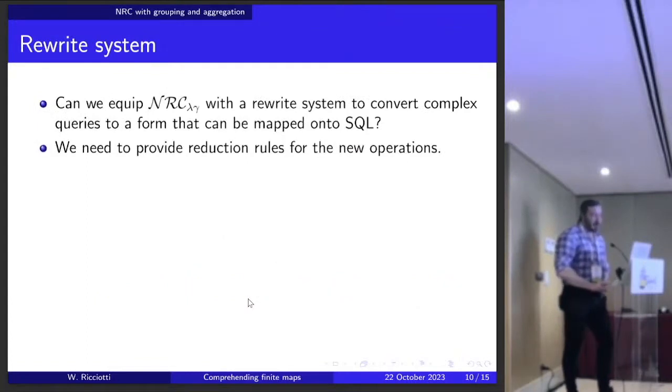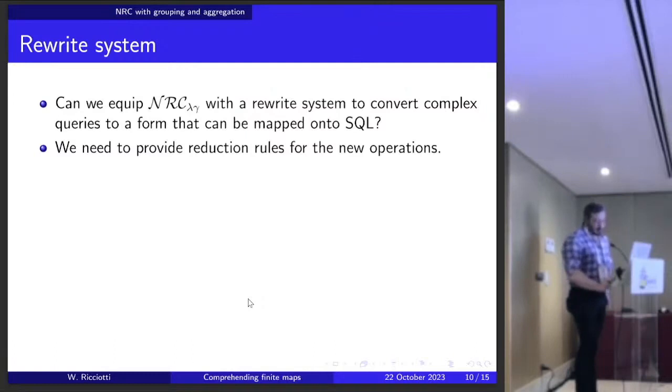Naturally, the main point of having a calculus like this is to have a rewrite system so that once we normalize away our terms, we get something that can be translated to SQL. And it turns out that the operations that we introduced in this calculus allow a rather simple extension of NRC.